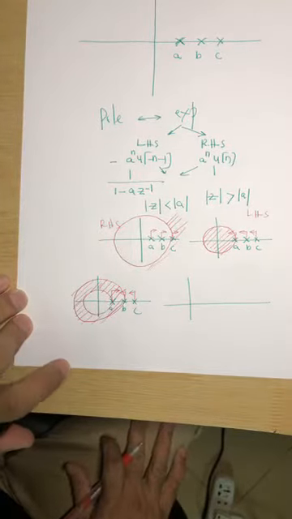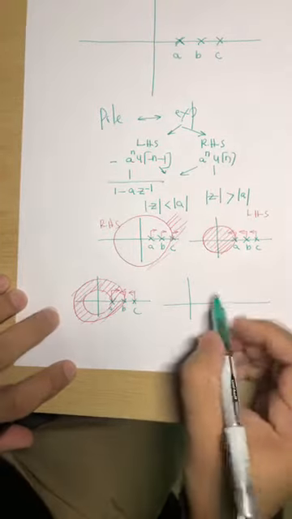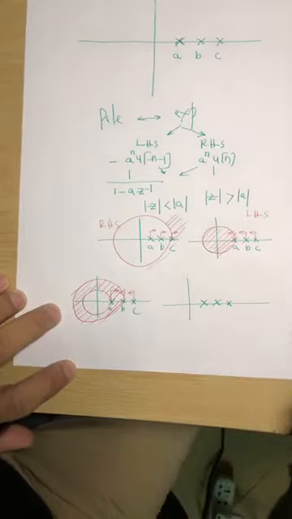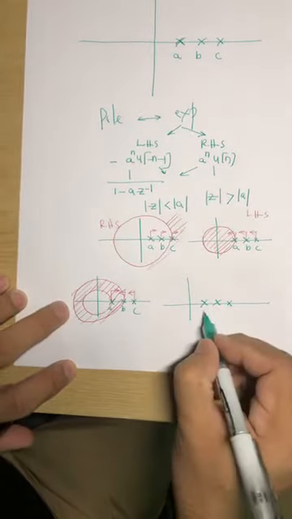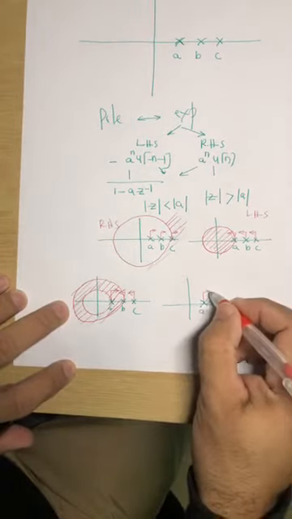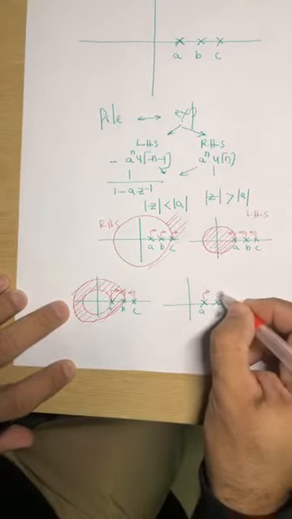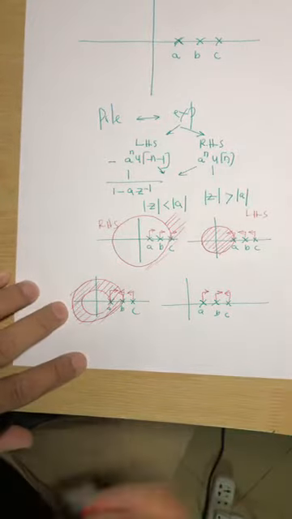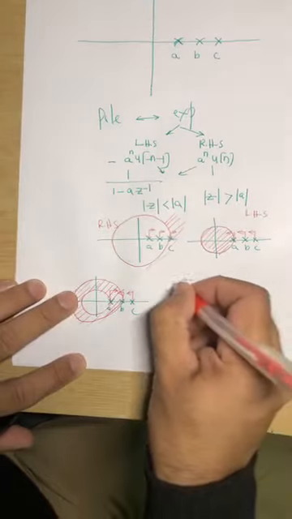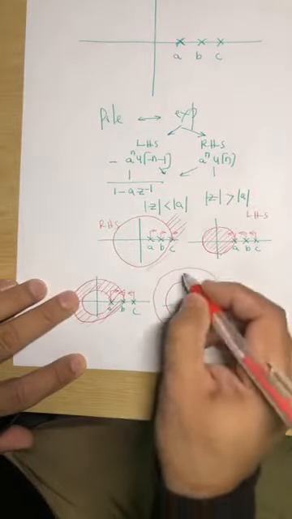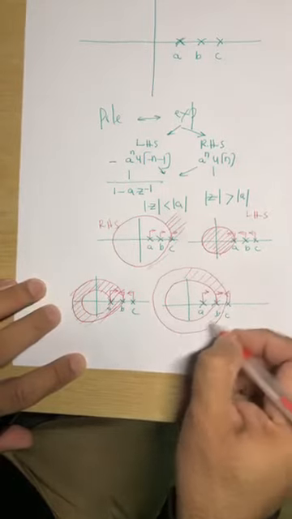Okay, and now there is another possibility, A, B and C. What is that possibility? That if A is right hand side and C is left hand side, then this is the ring.